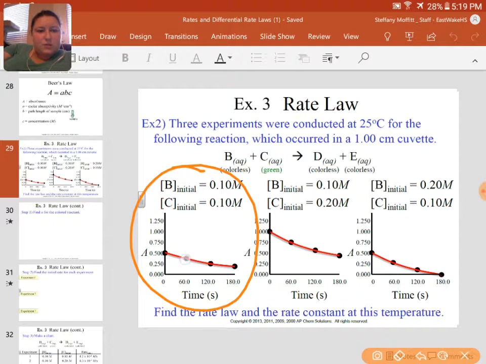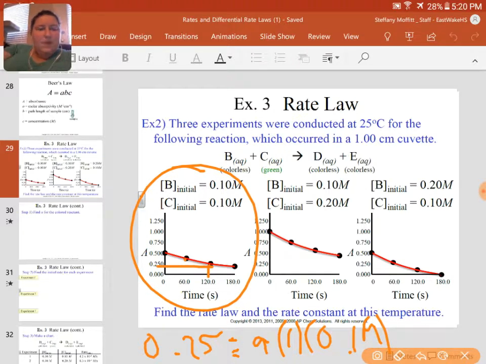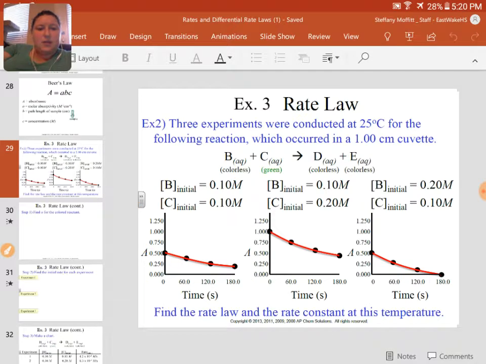We'll use 120 seconds because that is really close right there. So big A is 0.25 equals little a, which we're trying to find, times b, which is our path length, which we can leave in centimeters, 1 centimeter, times our concentration, which is 0.1 molar. And from there, you can just do some really simple math and get your little a.